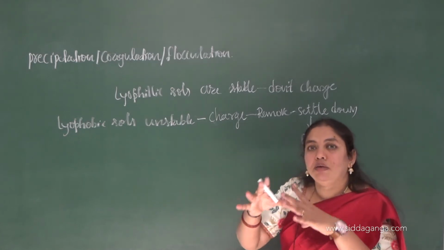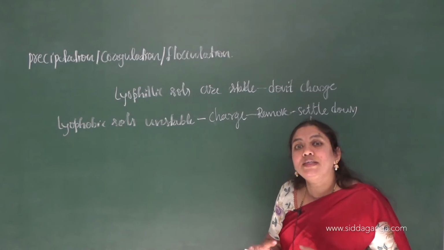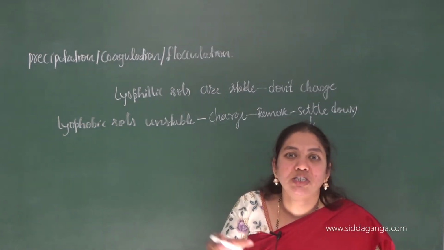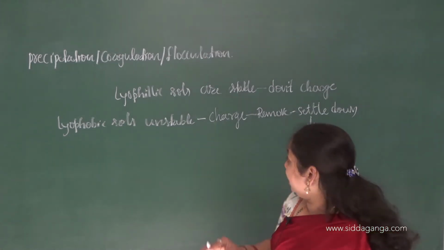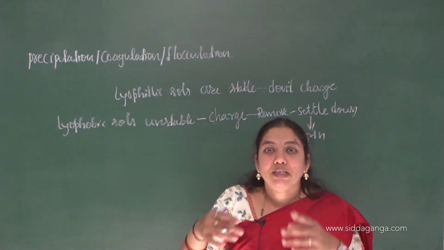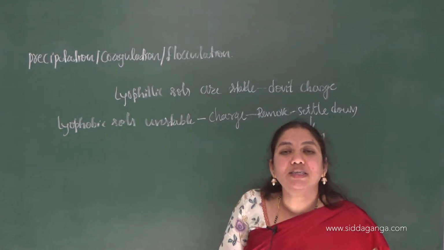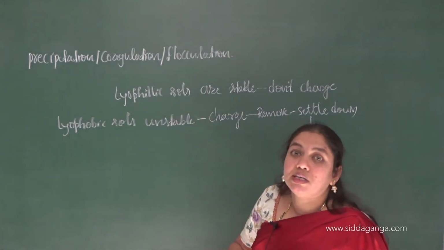They will move in the colloidal solution in a Brownian movement, or a zigzag fashion, in a continuous state of motion. But if you remove the charge by some method, they will get discharged and settle down. So we call that precipitation, right?